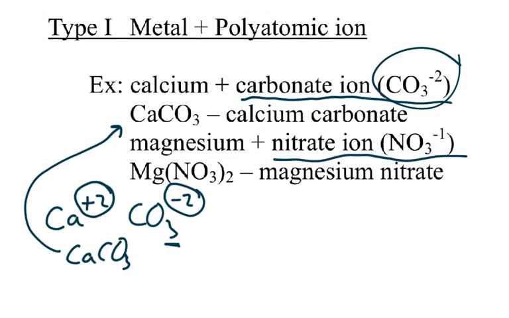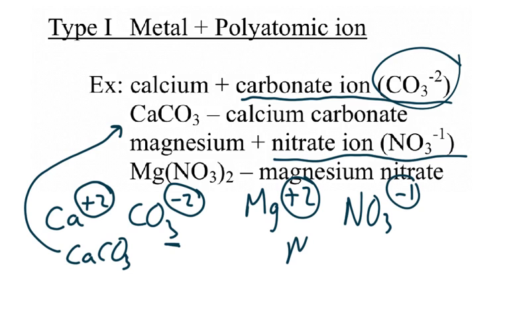Now look at this other example with magnesium, which is +2, and nitrate, which is a -1 charge. Again, we don't have to write the ones. I'm doing this to make it more visual. When you crisscross these two, the magnesium will get the 1, which I'm going to erase in a moment, and then the 2 goes to the nitrate. Now watch what we got to do here.